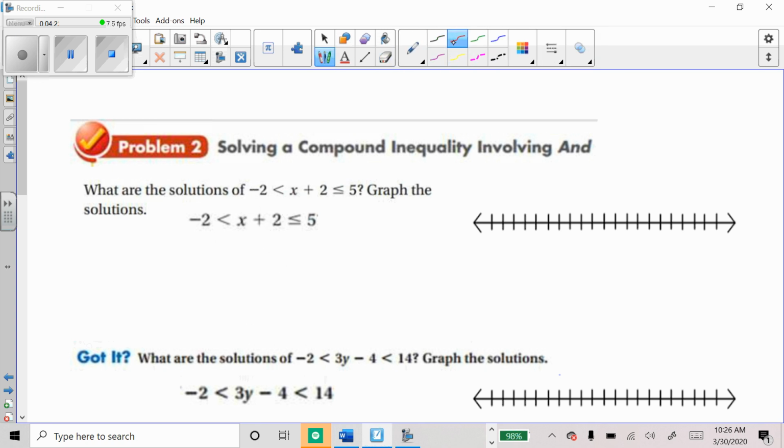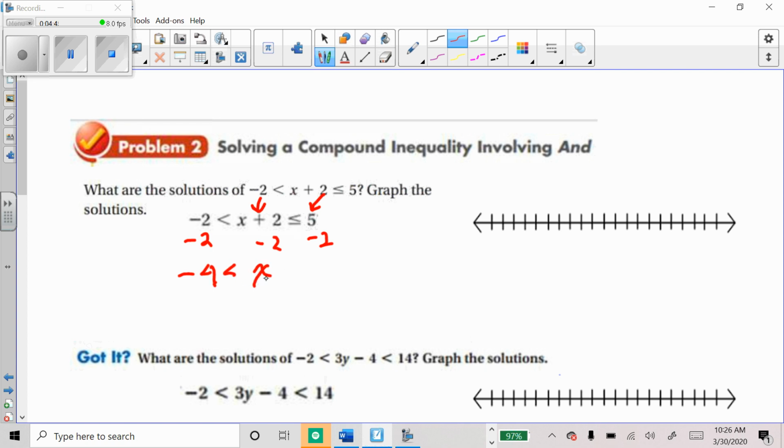To get rid of that plus 2, we could just subtract 2 from this middle part here. But remember, whatever you do to one side, you have to do to the others. And in this case, there's actually 3 parts to this that we need to subtract 2 from. So we're going to subtract 2 from each of those parts.